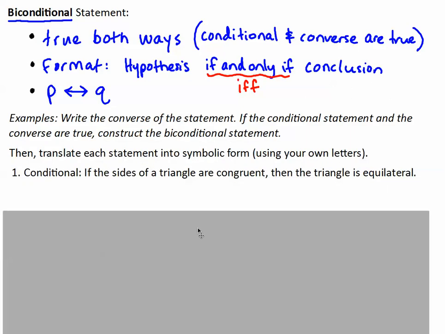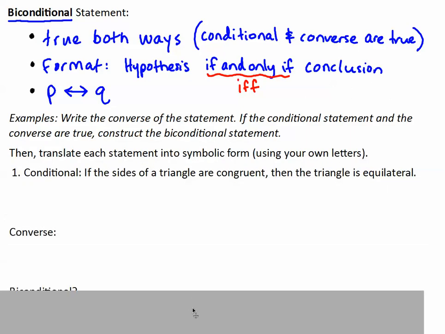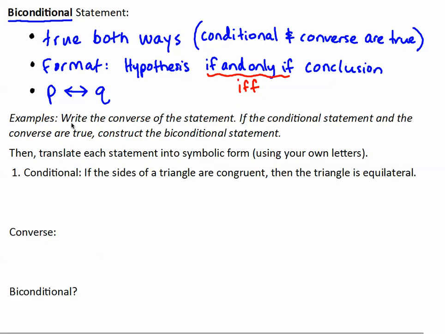Let's take a look at an example. Write the converse of the statement. If the conditional statement and the converse are true, construct the biconditional statement. Then translate each statement into symbolic form using your own letters. One, conditional: if the sides of a triangle are congruent, then the triangle is equilateral. First, we are to write the converse of the statement.